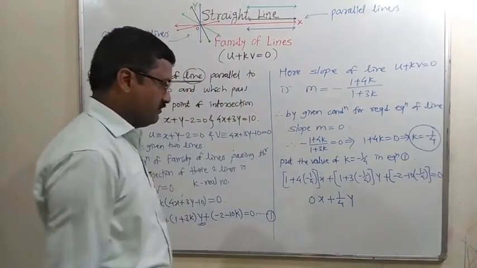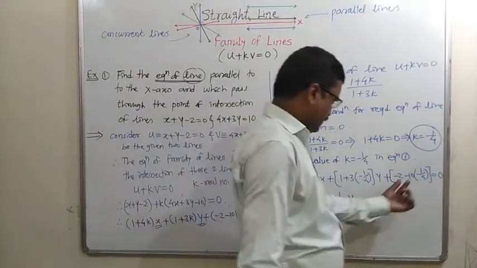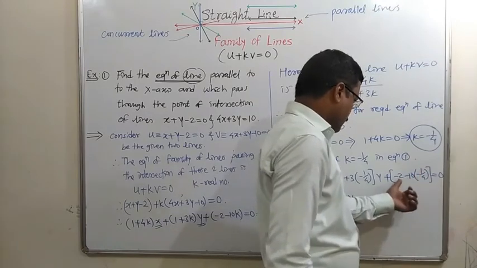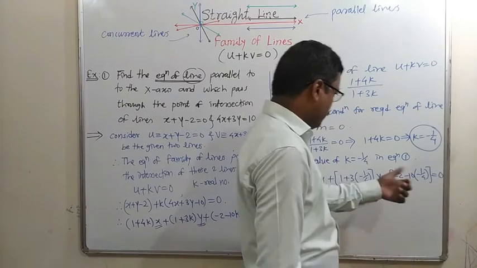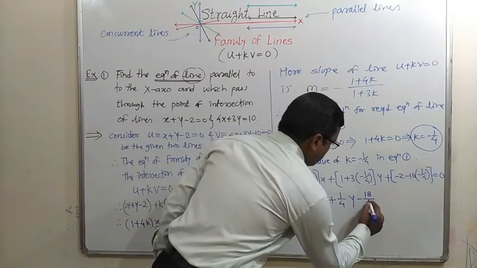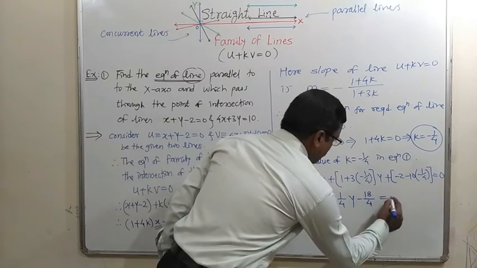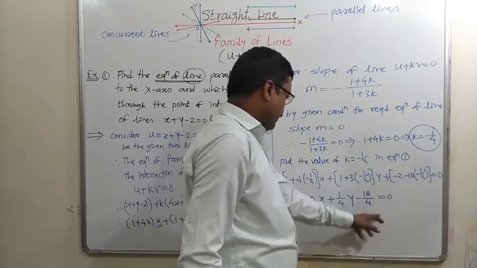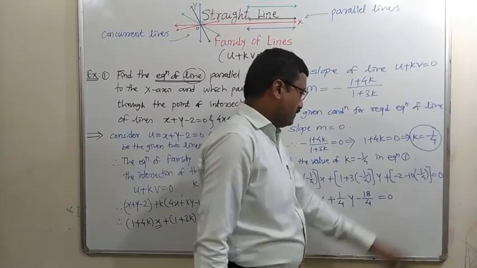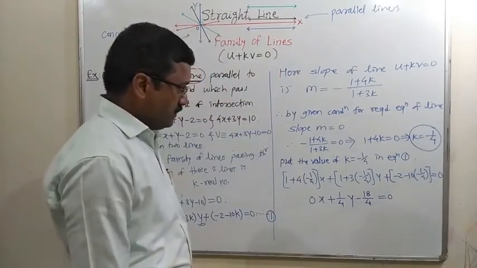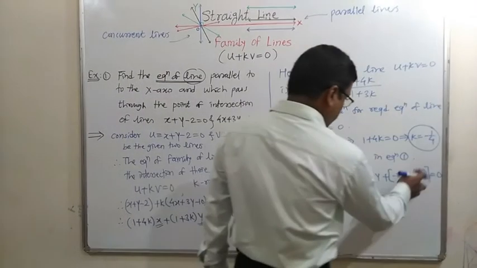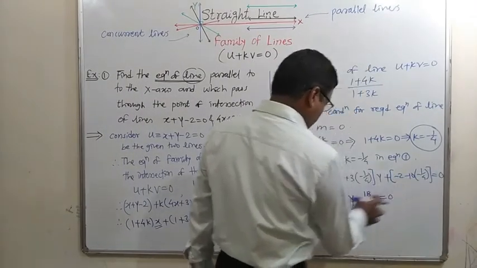By simplification we get 1/4 y. Here minus minus plus, so 10/4. So minus 2 plus 10/4, sorry, not minus 18, this will be plus 10 and minus 8, so plus 2/4 equal to 0. No need to simplify because 1/4 is here, the number 4 is here, so we will keep 4 as it is.